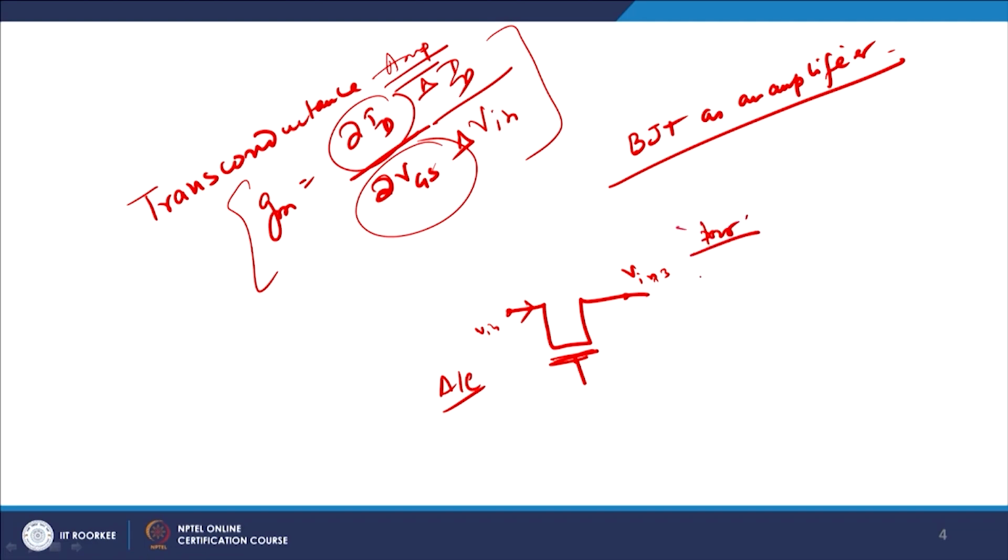How will you do that? By simply making this BJT work at VBE greater than 0.7 volts. When you make VB greater than 0.7 volts, you switch on this base emitter junction, and as a result the output is available to you.